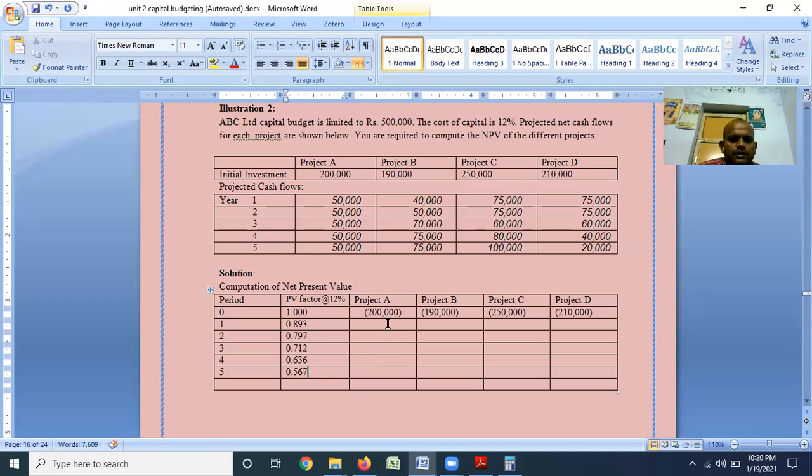up to 5 years. And now we have to multiply this present value factor with the cash inflows each year in the respective years.